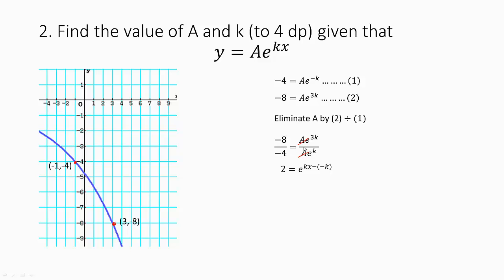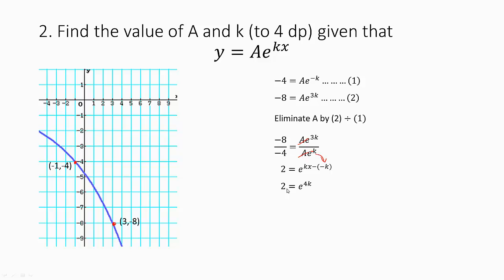So 3k minus negative k gives e to the 4k. Just notice that I've left a negative sign off here. That should be e to the negative k, and that's where this negative came from. That becomes 2 equals e to the 4k.